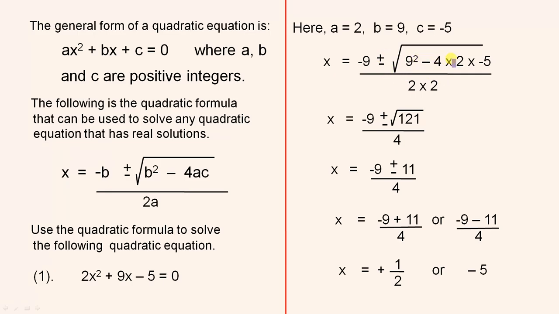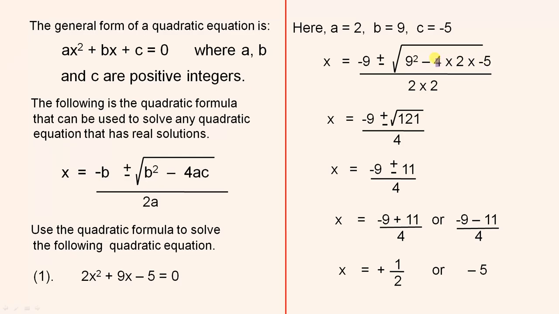Now we simplify what we have underneath the square root sign. So 9 squared we know is 81. Then we have minus 4 times 2 times negative 5.